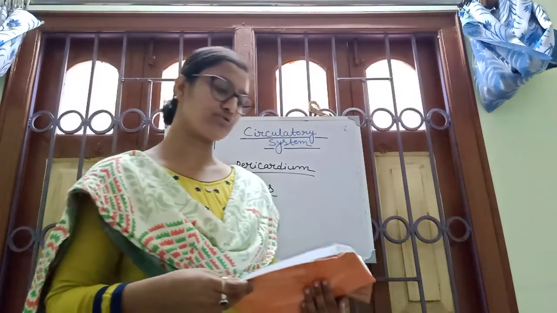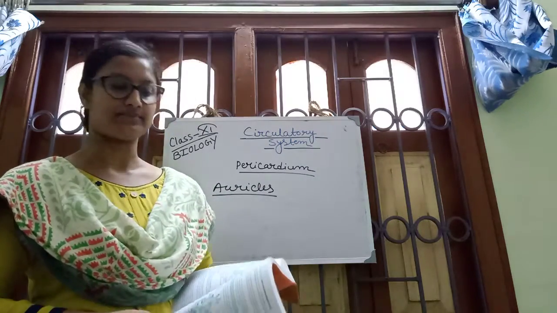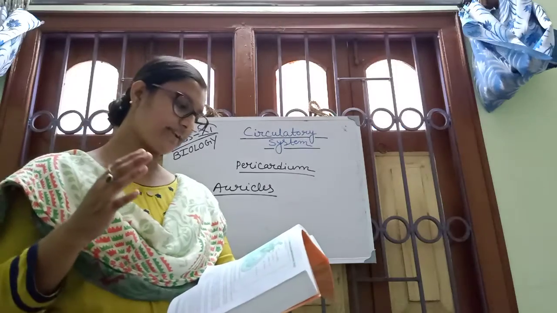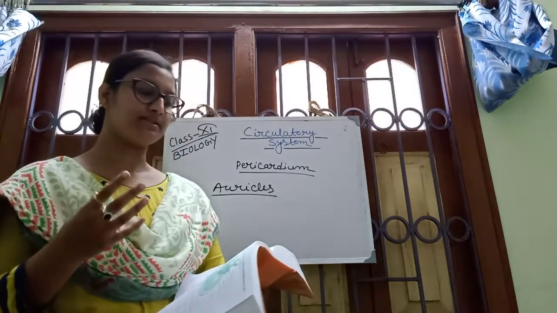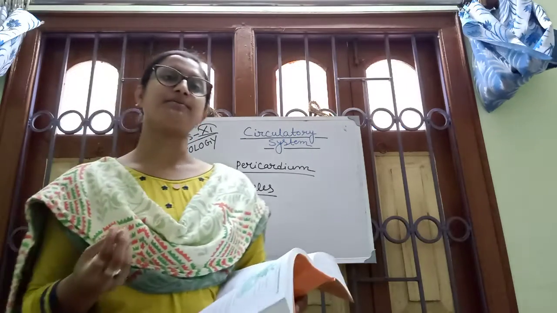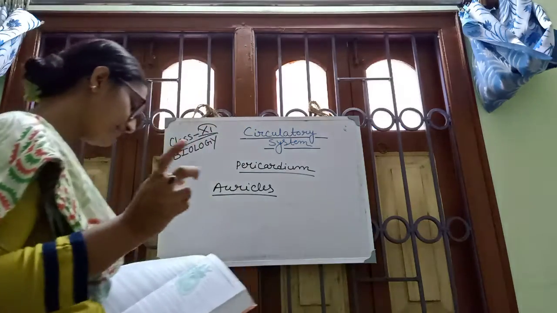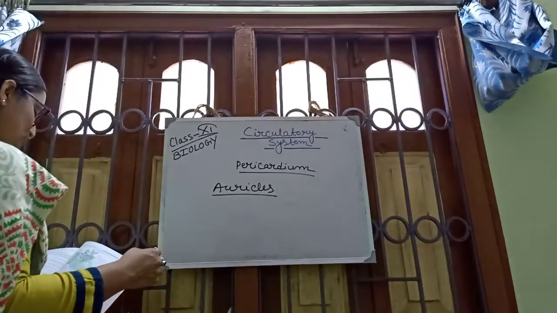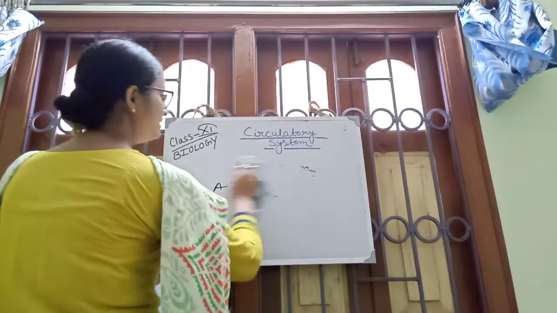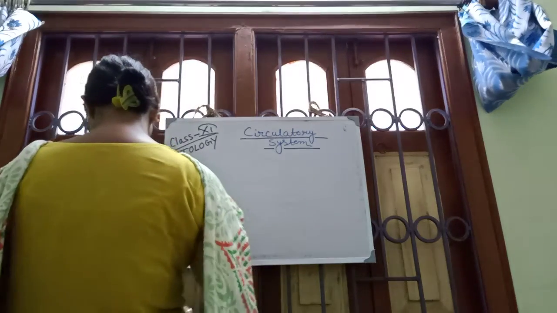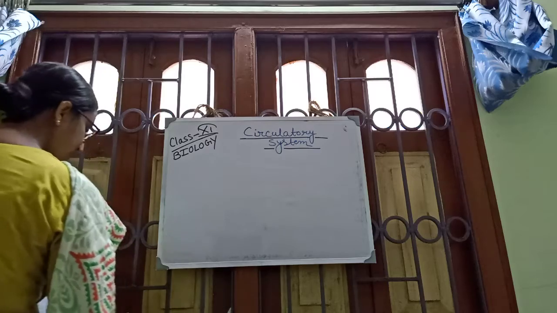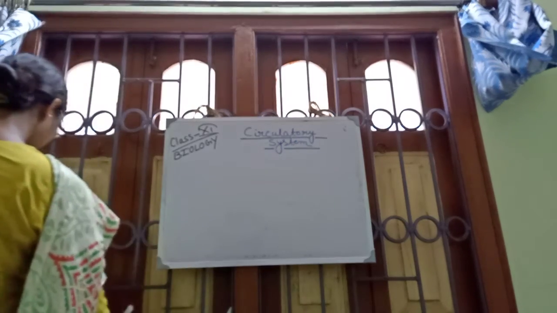Different valves are present, the bicuspid valve and the tricuspid valve. And the great blood vessels: what types of blood vessels? The superior vena cava and inferior vena cava, and the pulmonary vein.